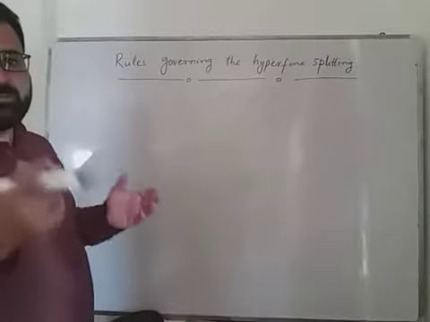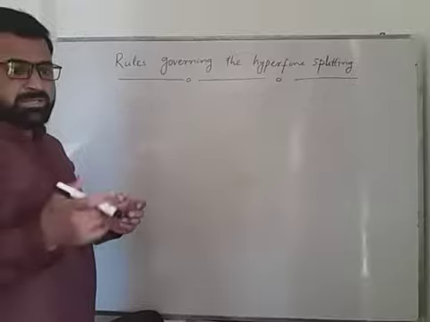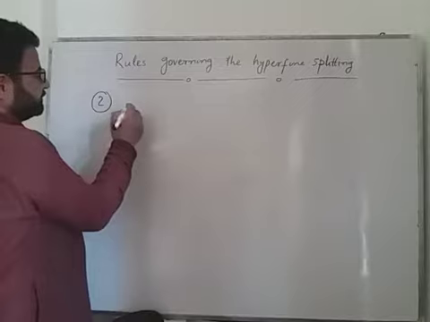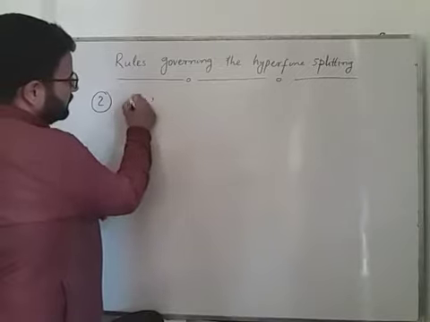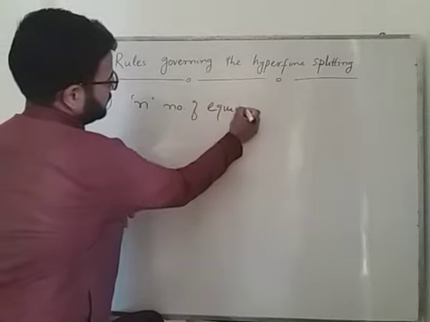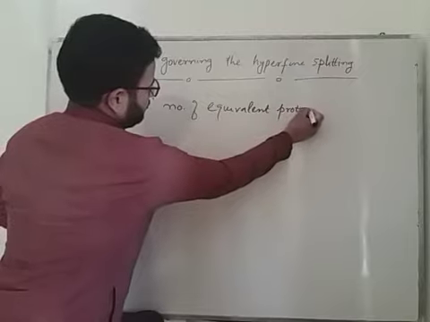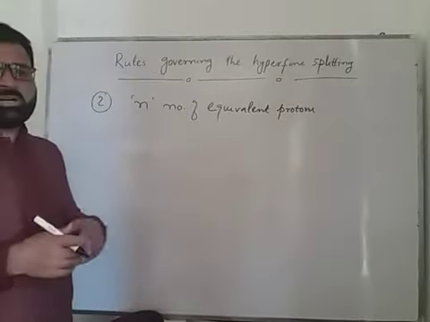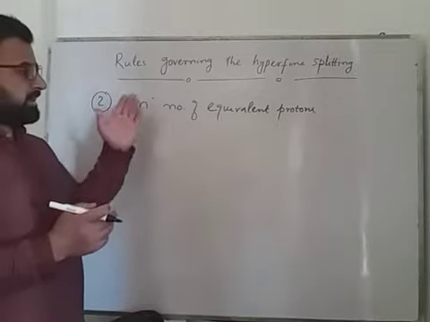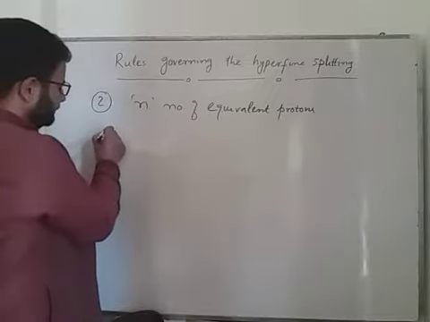In the first rule it was non-equivalent protons; now in the second rule we take n number of equivalent protons, on which the unpaired electron is delocalized, or in the vicinity of which the unpaired electron lies. We will take an example.